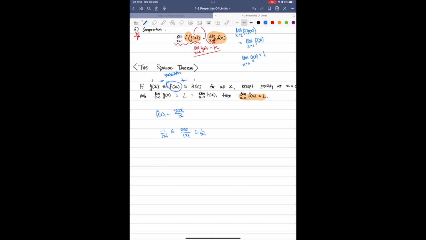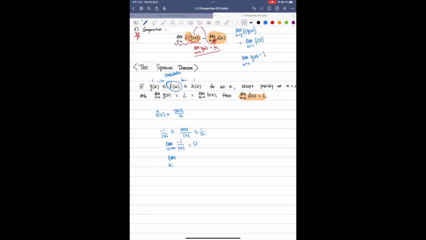And then we know that by plugging in the limit of x towards infinity of -1 over x, the value equals 0.